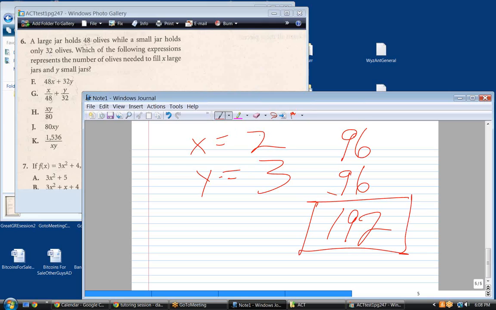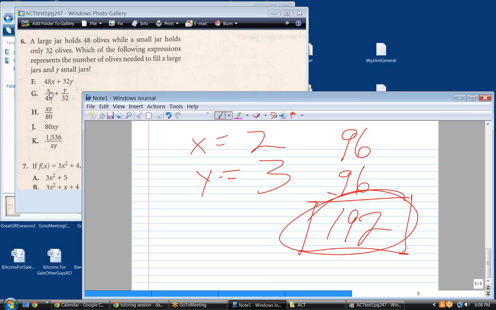So we know that if we had 2 large and 3 small, we'd need 192 olives. If I couldn't have made that connection that you did make, the other option I now have is to go into each of these answers, plug in 2 for X and 3 for Y, and see which one comes out to be 192.